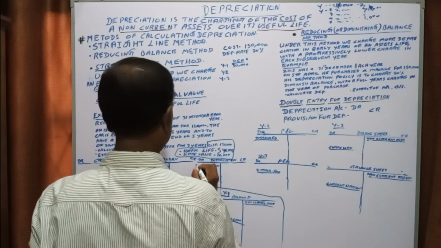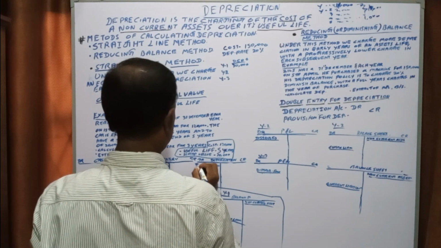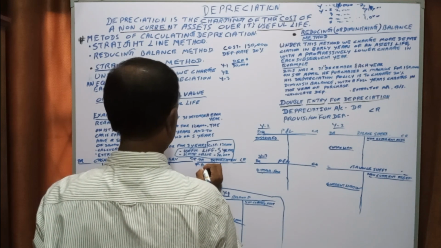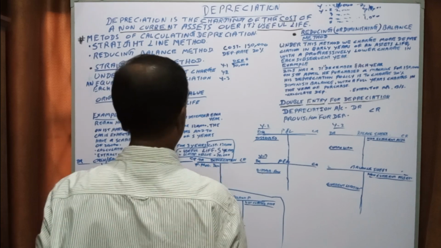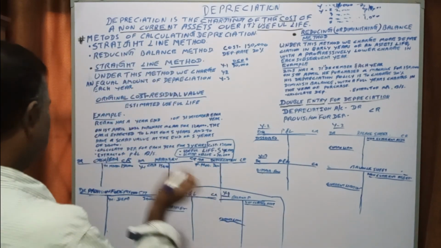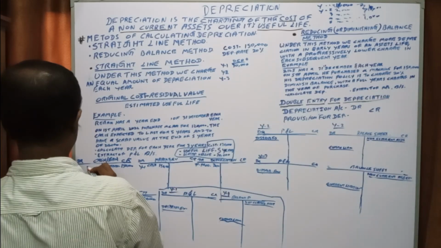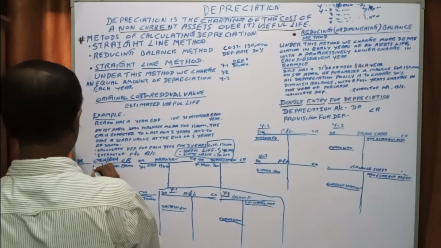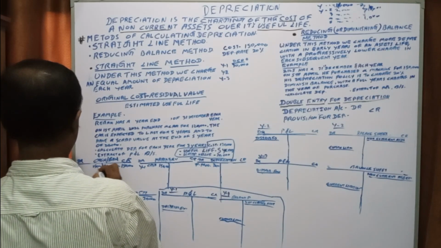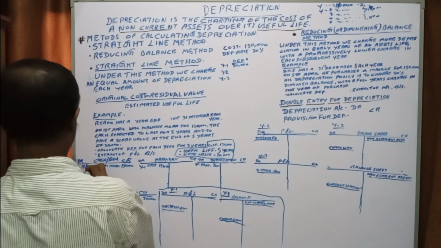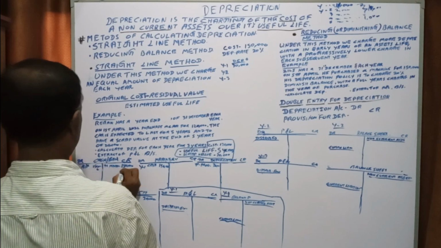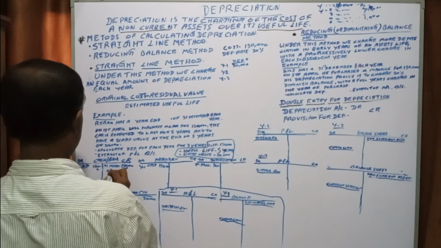Here you say year 1 provision. So balance it now. 150 brought forward, carried down.